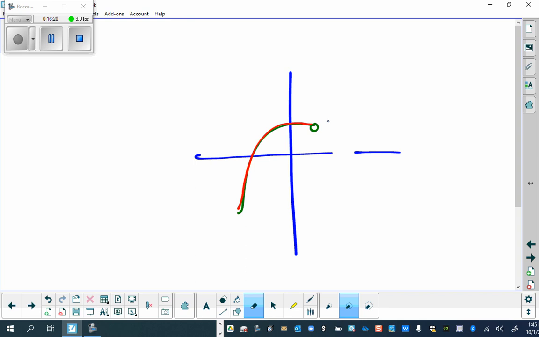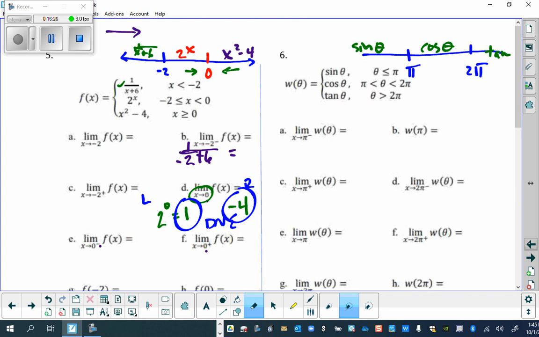Yeah, on homework 6B, okay? So my input value is pi. So when I look here, I can see that theta, when it is smaller than or equal to pi, is going to use the sine function.